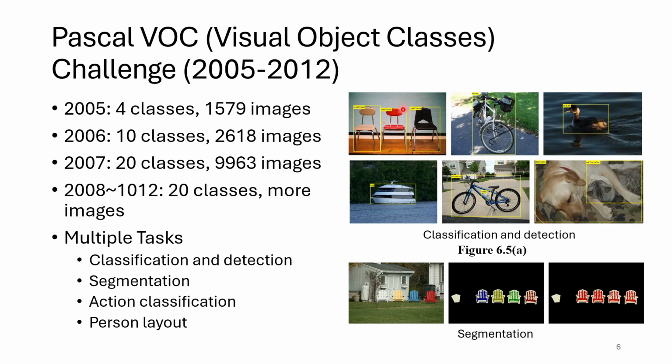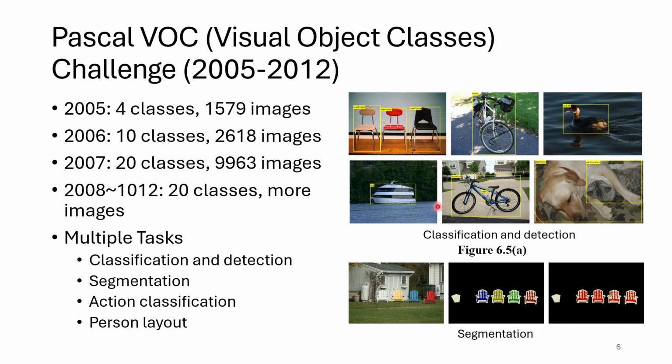So you can see there is a yellow bounding box showing the location of the chair, the bike, the boat, and the cat and the dog. Sometimes the bounding boxes overlap because this is a cat, and it is being held by a dog. Okay? So this is the first task.